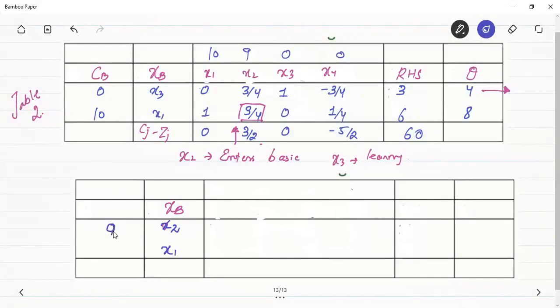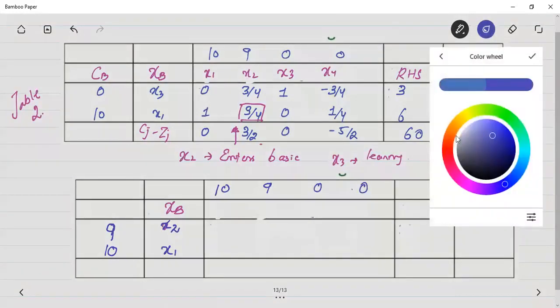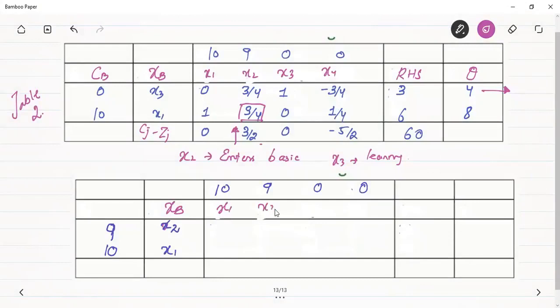Sorry, this coefficient is 9 and this coefficient is 10. यहाँ पे जो कोफिशिएंट्स थे they were 10, 9, 0 and 0. The variables here, they will remain as they are: x1, x2, x3 and x4. यहाँ पे cj minus zj. ठीक है, तो बेटा मुझे बताइए अब मैं कौन सा रो लिखूं पहले, x2 का रो कि x1 का रो?